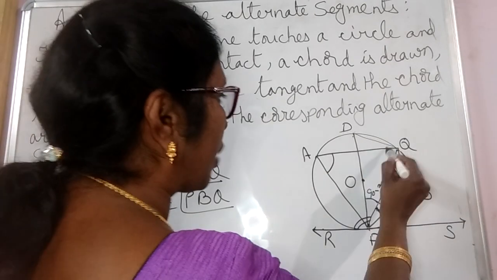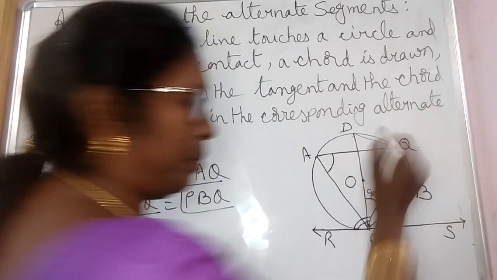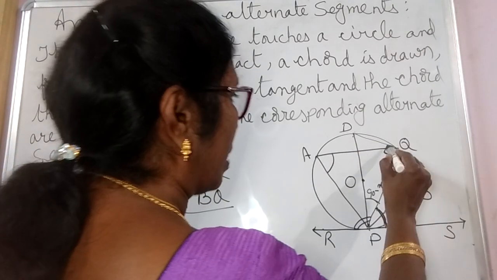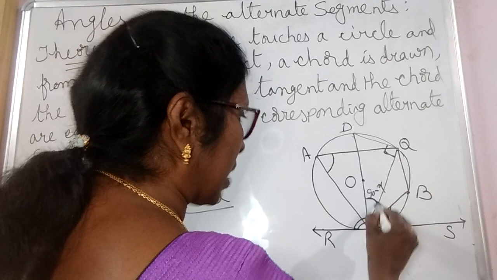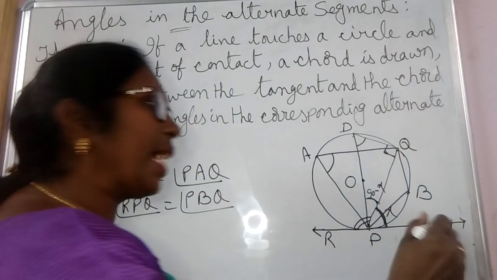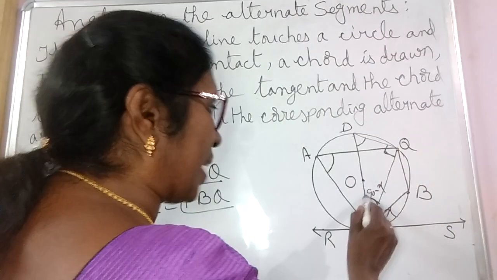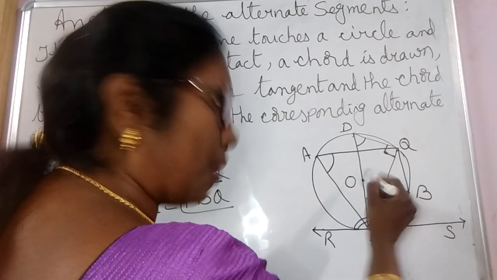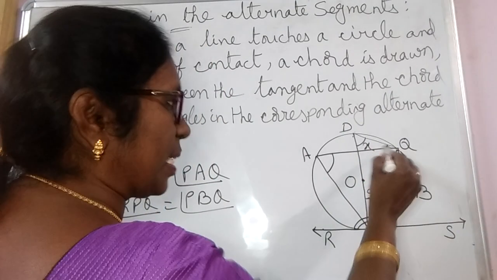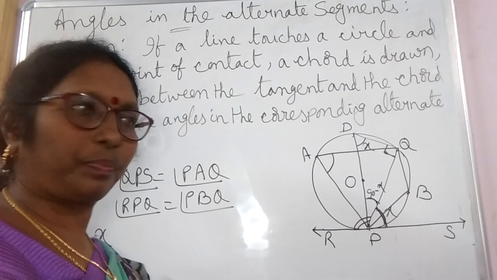So angle PQD is 90 degrees. Now in this triangle PQD, this is 90 degrees, this is 90 minus X, so this angle will be 180 minus 90 plus 90 minus X, which gives you X degrees.